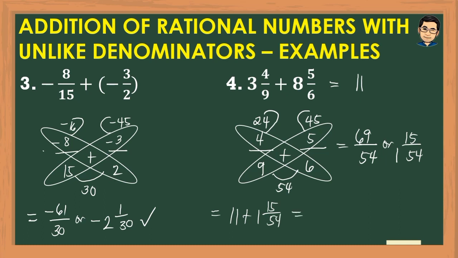That will become 12 and 15 over 54. So we can simplify 15 and 54 because the greatest common factor is 3. So 15 divided by 3, that is 5. 54 divided by 3, that is 18. So our final answer is 12 and 5 over 18.